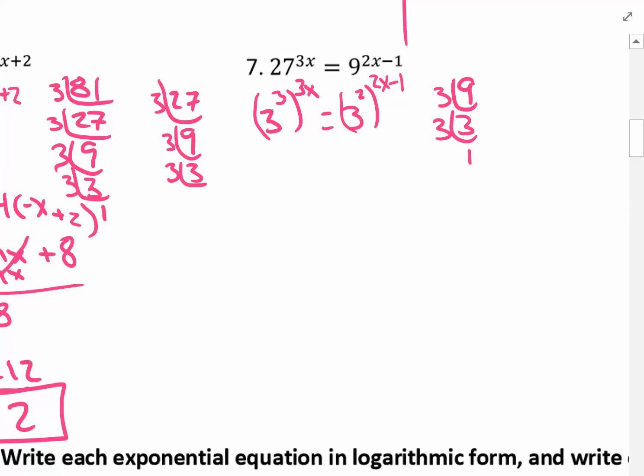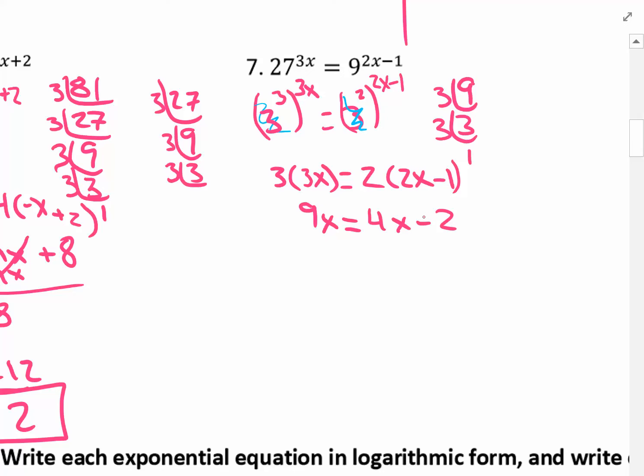Now we can cancel those 3's and bring down the exponents. So 3 times 3x and 2 times 2x minus 1. Let's multiply. We're going to get 9x equals 4x minus 2.